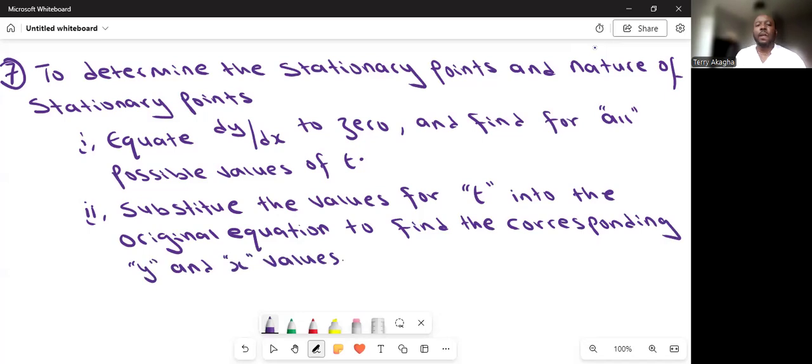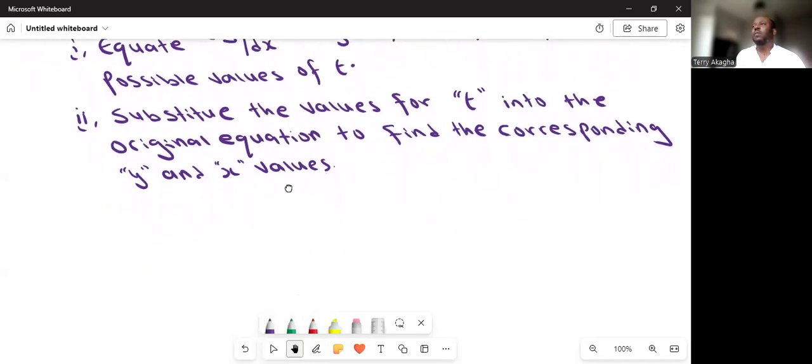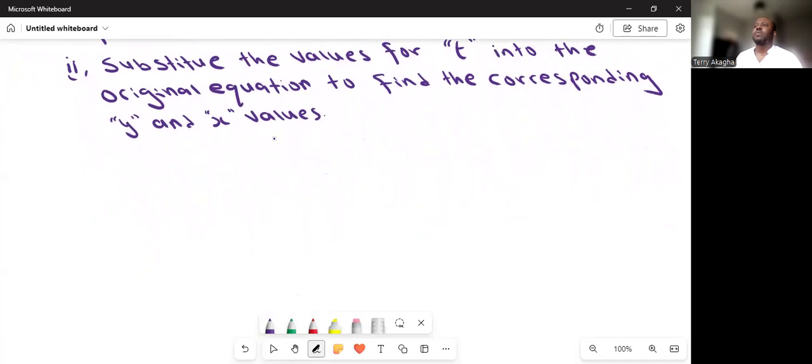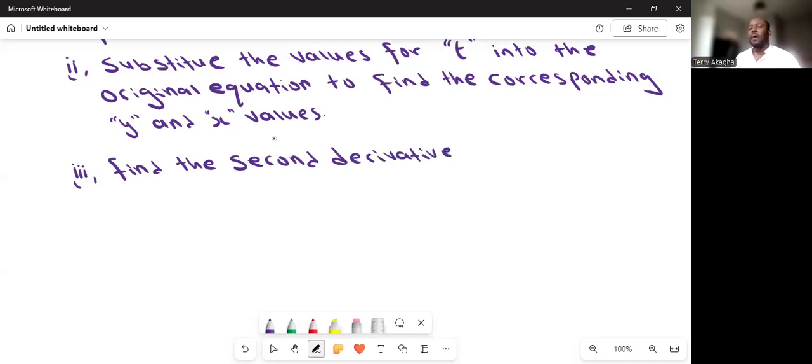Okay? Then, when you're done with that, the next step, that's number 3, you then have to find the second derivative by differentiating dy over dx, and follow step 4.